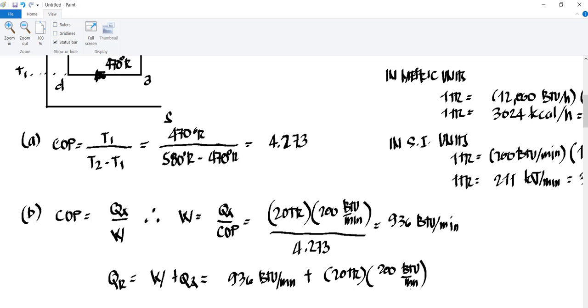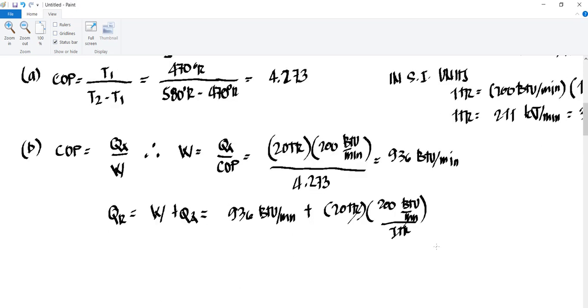So this is 1 TR. So cancel out the tons of refrigerant. Then we have now your Q rejected, which would be 4,936 BTU per minute.